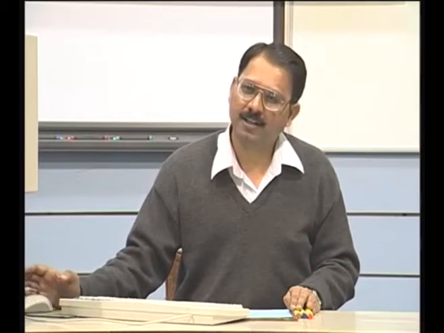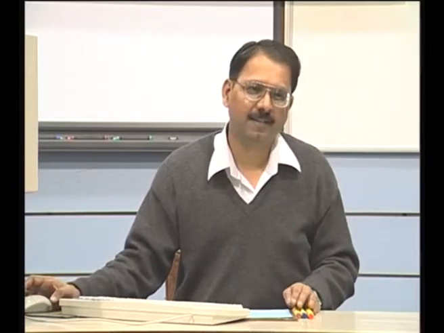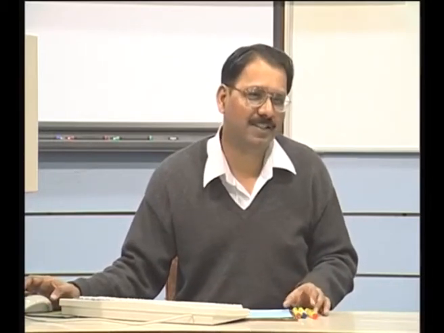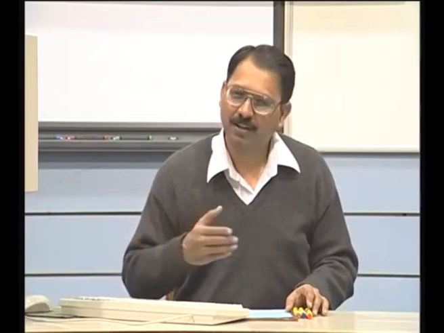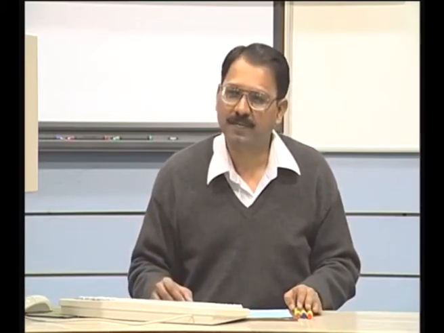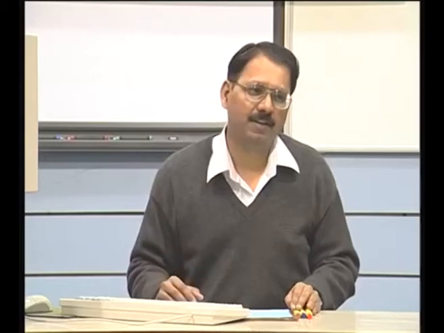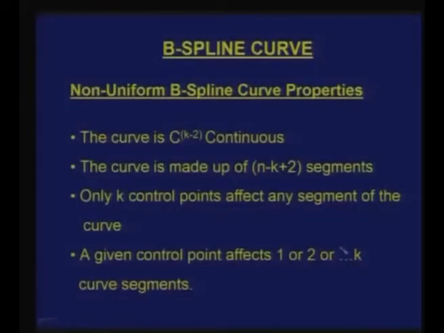That continues till you reach the other end, where the non-uniformity comes into the picture again. In between, all the other control points have the same influence, that means they influence k curve segments. If k is equal to 3, they will influence 3 curve segments. So, that is another important property of this curve.